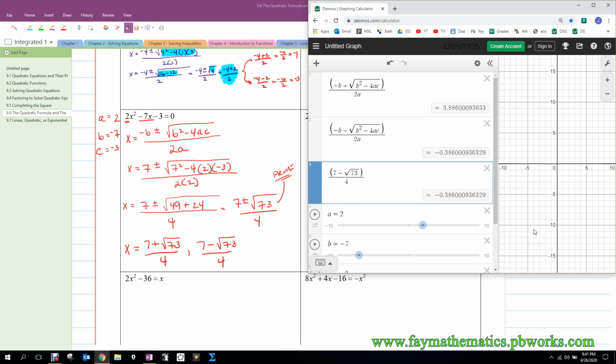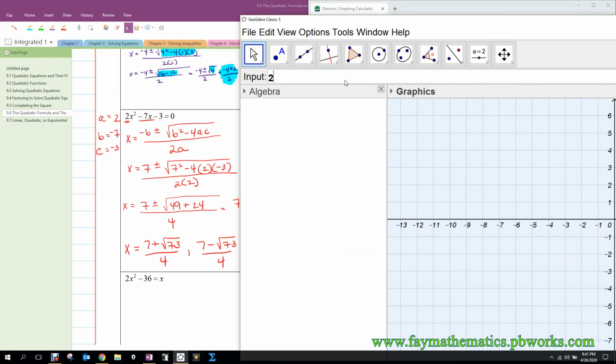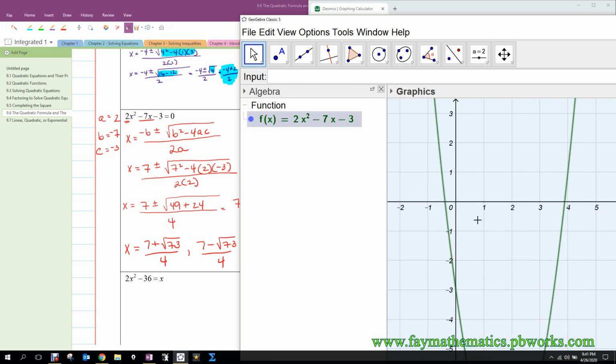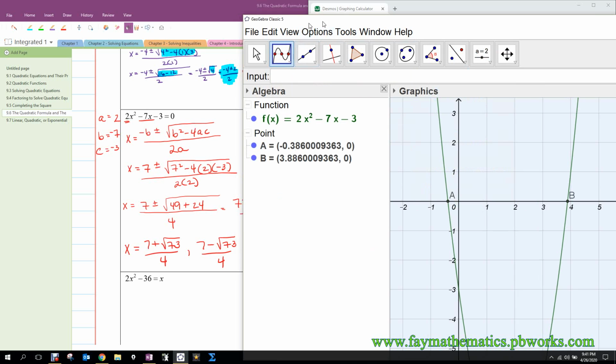Okay, now if I go back over to GeoGebra, it's a little bit easier to graph these. Let's graph 2x squared minus 7x minus 3 and see where we cross the x-axis. Now it's not crossing at whole numbers. If I ask for the place where it crosses the x-axis, let's go rounding out to like 10 decimal places.